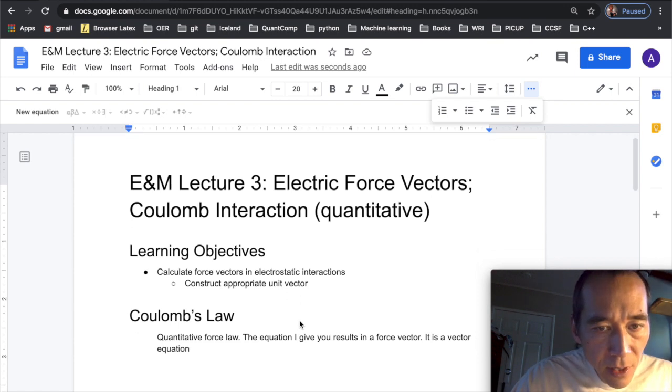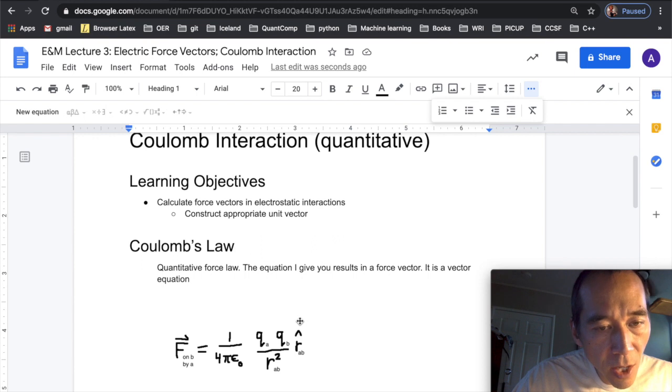All right, so this lecture basically has two big ideas in it. One of the ideas is this formula right here that I hand drew in this lecture document. This is Coulomb's Law. It's a quantitative force law. That is, it's an equation, and you can put numbers and also vector quantities in these places.